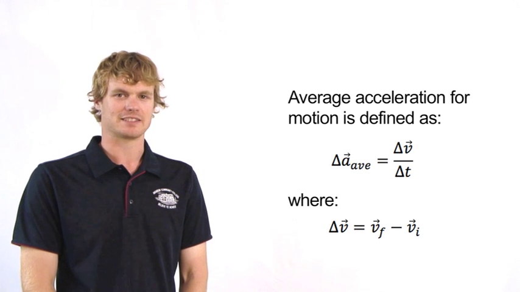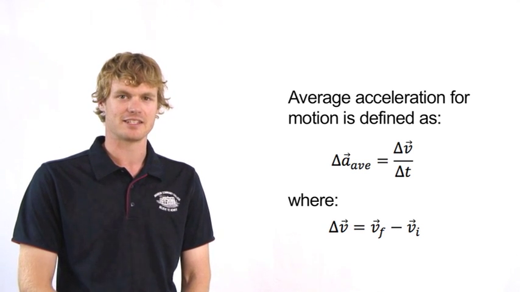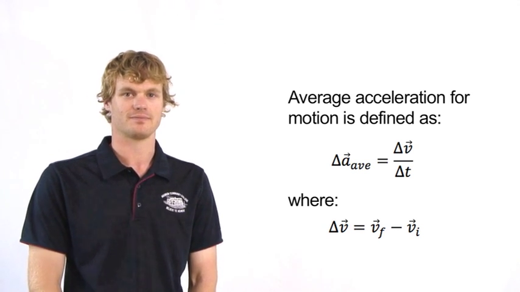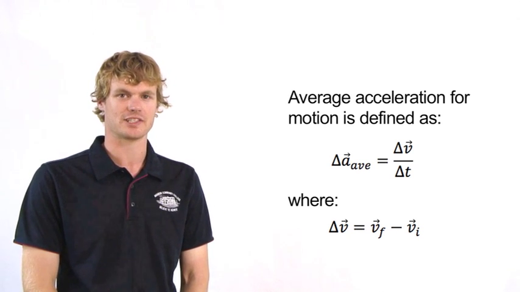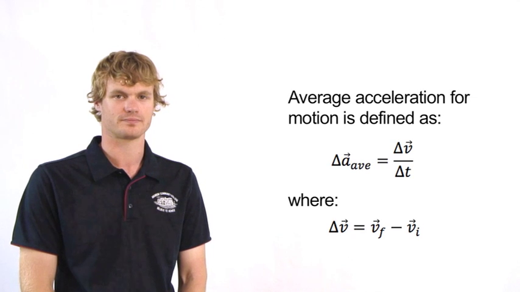So, our acceleration is defined as delta V over delta T. Acceleration is equal to a change of velocity over a time interval. If we let our delta T, or our time interval, get really, really small, we can find out the instantaneous acceleration on an object.